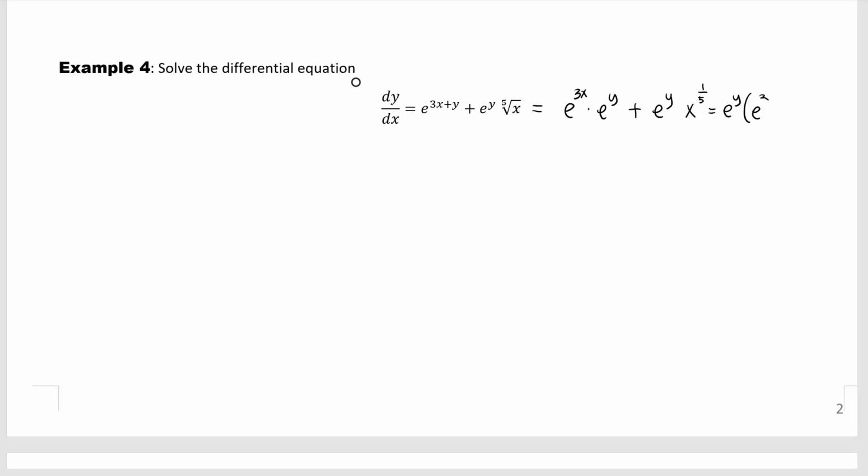Then we have e to the 3x plus x to the 1/5. Now we have a product of a function of y and a function of x. So let's move the y to the left-hand side. By moving, I mean divide. We divide by e to the y, and then we multiply by dx on both sides.